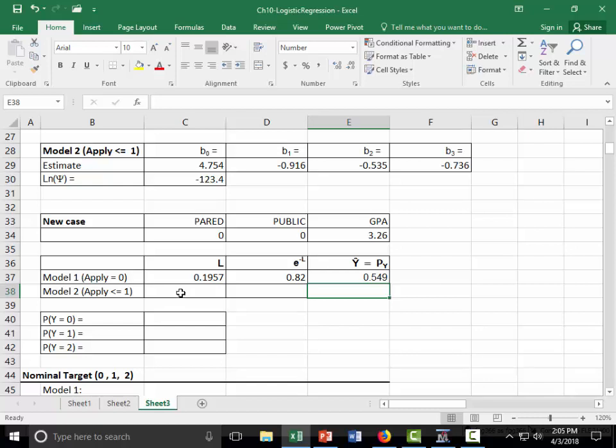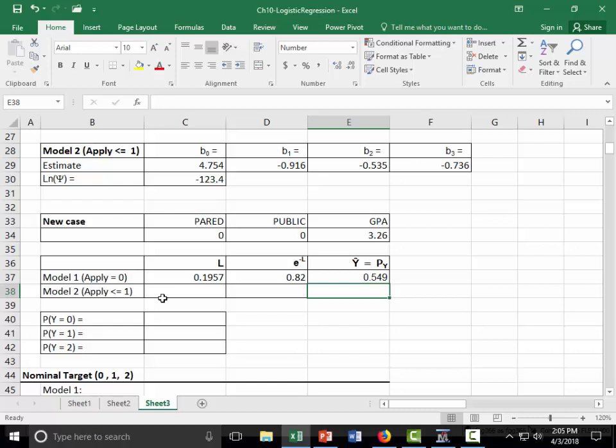So now you do the same thing for here. So that will give us the probability for apply 0, 1. So that will be the probability that apply is less than or equal to 1, which means probability of 0 or 1, right? Because it is ordinal. Okay, now the target for model 2 represents values less than or equal to 1.